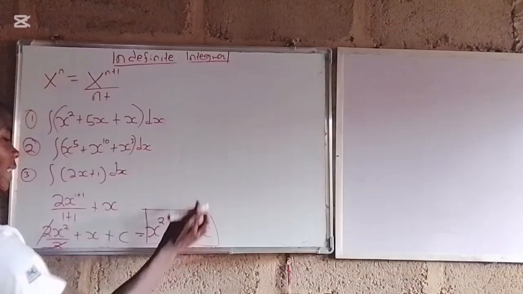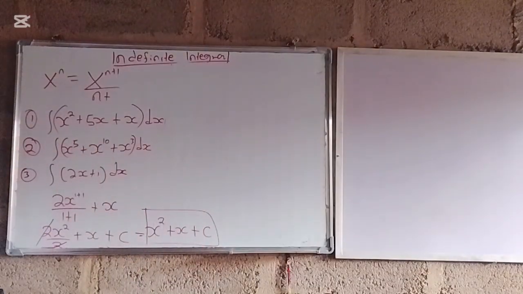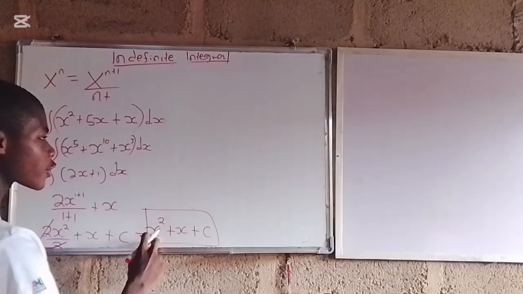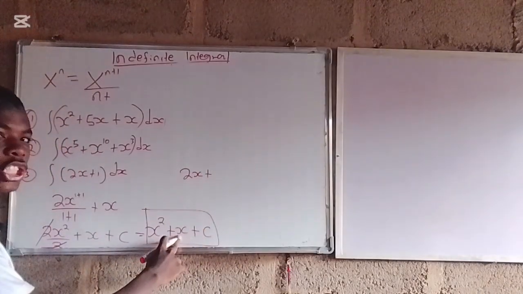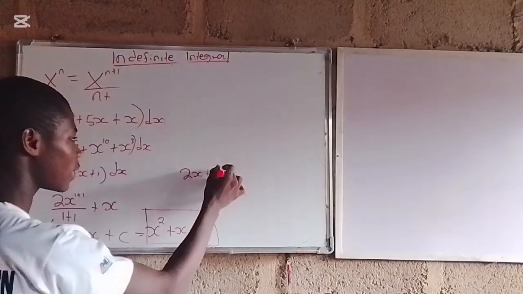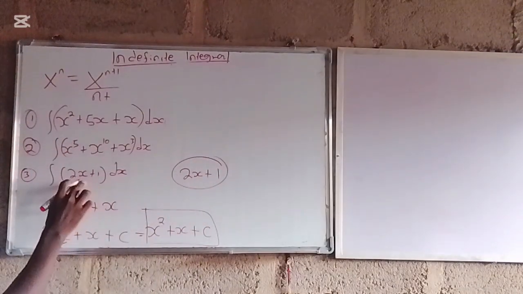How can I get back to the question to check whether I'm right or wrong? By using differentiation. If I differentiate x squared, I'll get 2x, plus if I differentiate x, I'll get 1. So this is my result. It means I am correct.